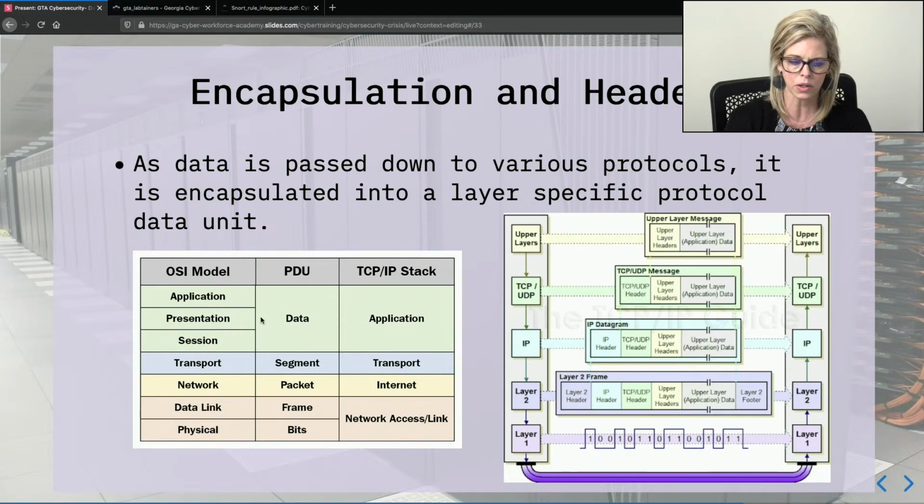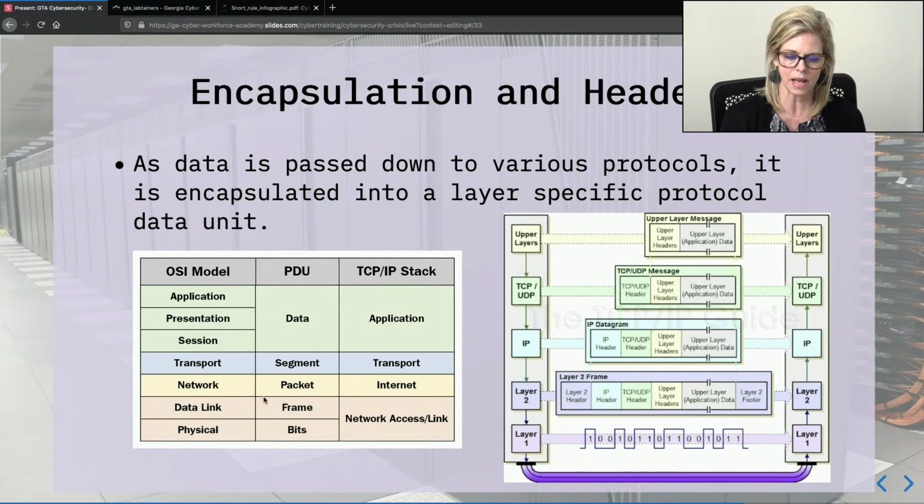The OSI model is the Open Systems Interconnection model. There are 7 layers that we use. It's a conceptual model that's used to understand and troubleshoot network issues. The layers are application, presentation, session, transport, network, data link, and physical. Each layer has what's called a specific protocol data unit.